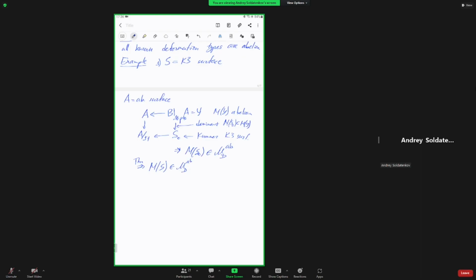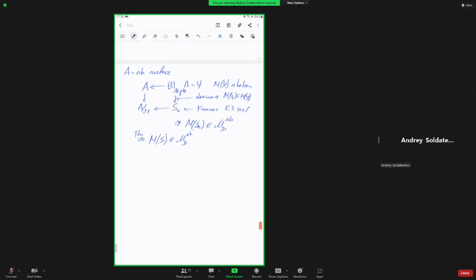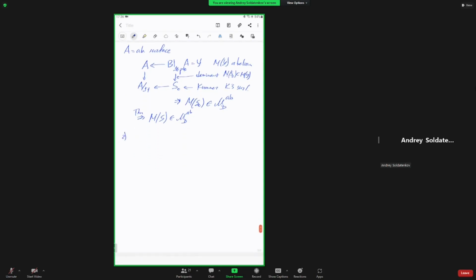Okay, so that's one example. You can also easily say what to do with the Hilbert schemes and their deformations. It's very similar. I have already shown this diagram where you construct the Hilbert scheme of 2 points on a surface. You can take the quotient of S times S by the involution and then resolve it.